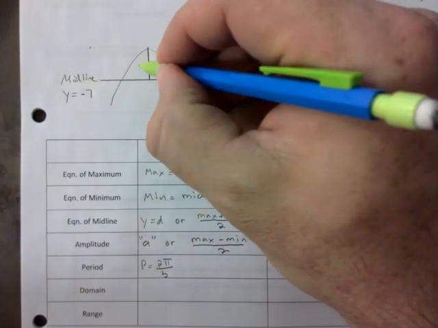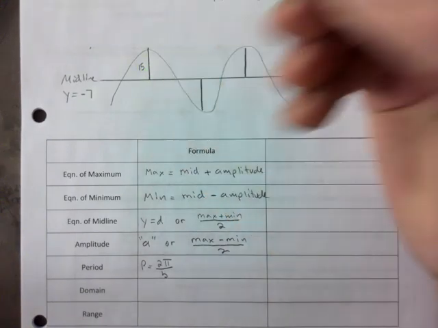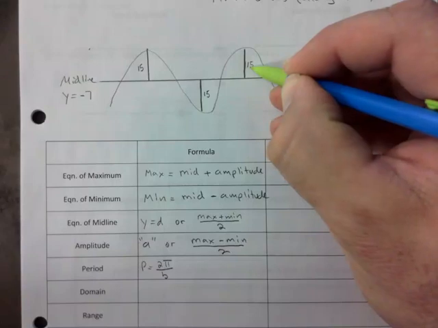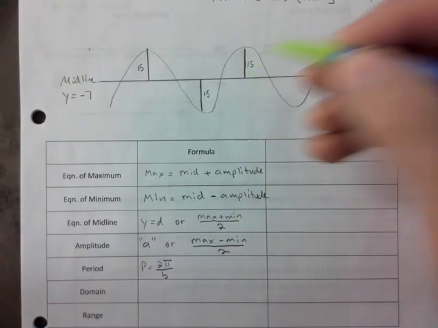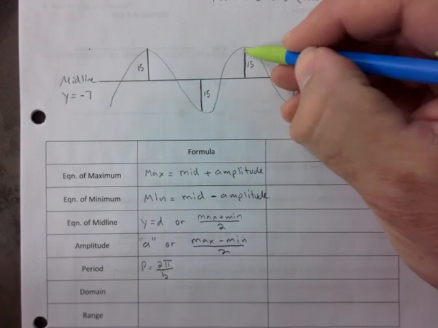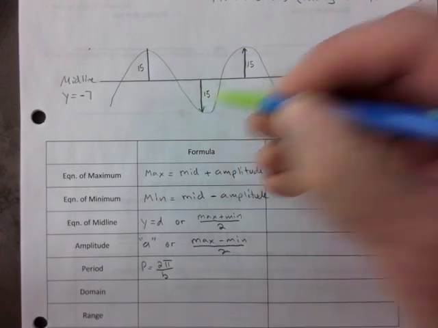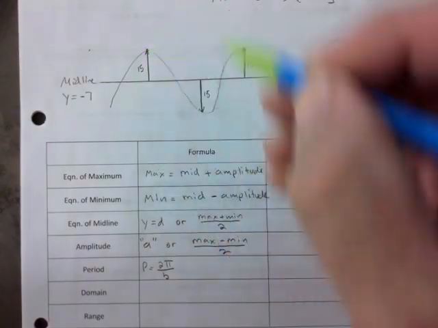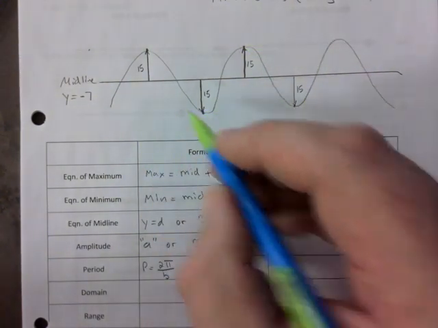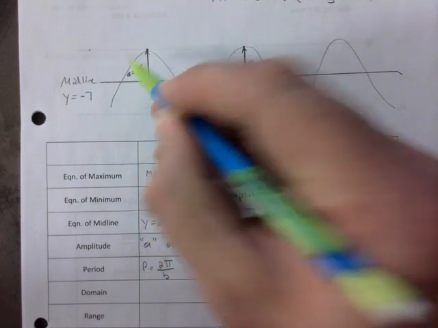We're told that this is 15 units, every single time from the top to the bottom. So we're going from the midline out. It's 15. Maybe you should do arrows, right? It always starts from the midline and goes to the top or bottom. So the amplitude, we can say A is equal to 15, right?